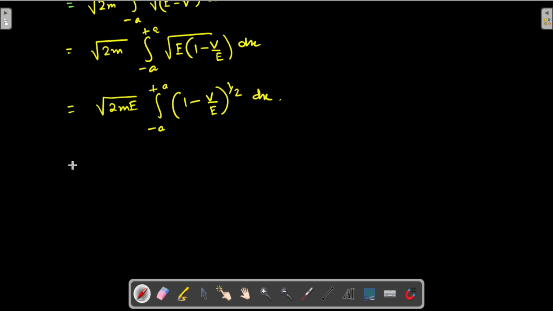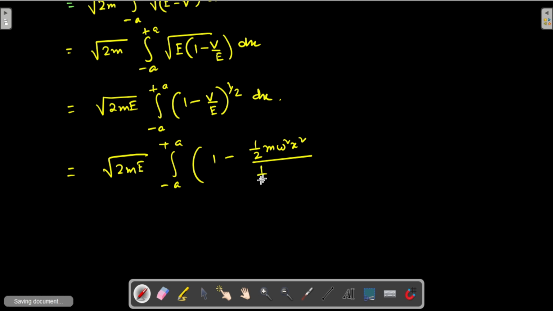As we know the values of V and E, we can put them in. It becomes root 2mE times the integral from minus a to plus a of (1 minus half m omega square x square over half m omega square a square) to the power half dx.